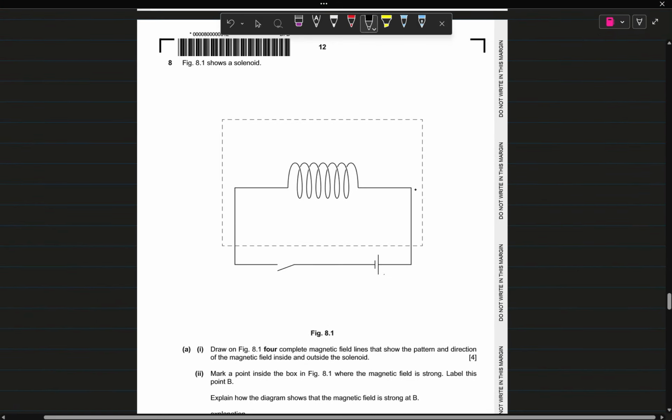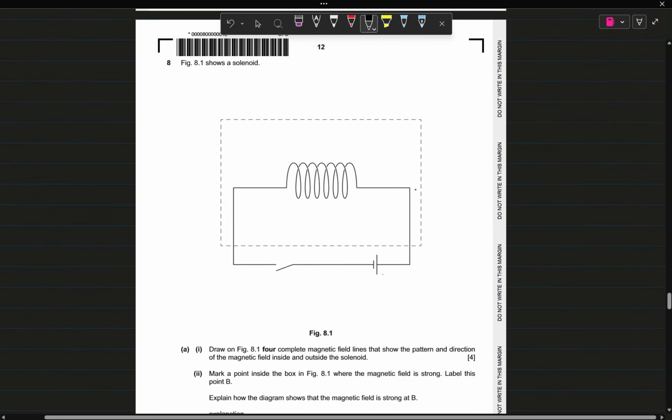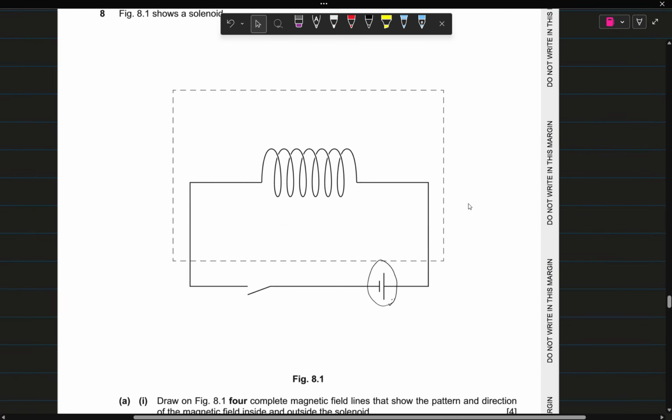Okay, for question number 8, figure 8.1 shows a solenoid. For part A1, draw on figure 8.1 4 complete magnetic field lines that show the pattern and direction of the magnetic field inside and outside of the solenoid. Okay, so to do that, we need to identify the direction, which is done via the battery.